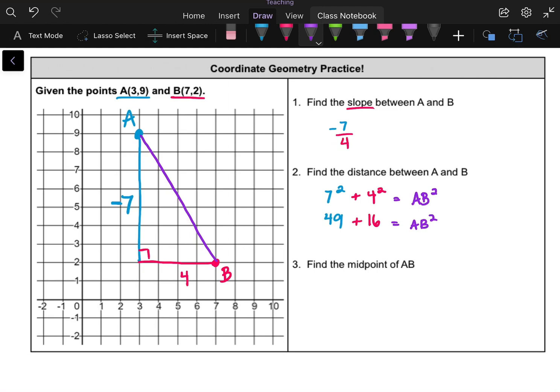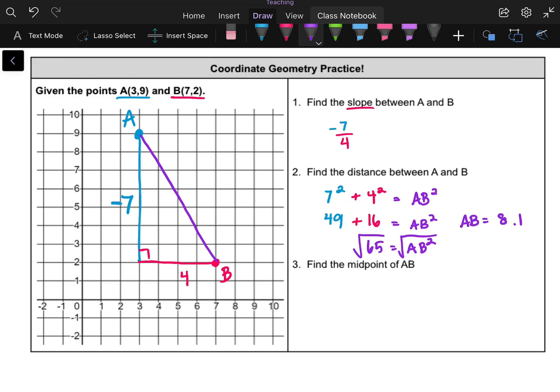Adding those together, that should give you 65 equals the length of AB squared. To find the length of AB by itself, we square root both sides, and when you plug that in your calculator, you should get the length of AB is equal to 8.1 when we round that to our nearest tenth.